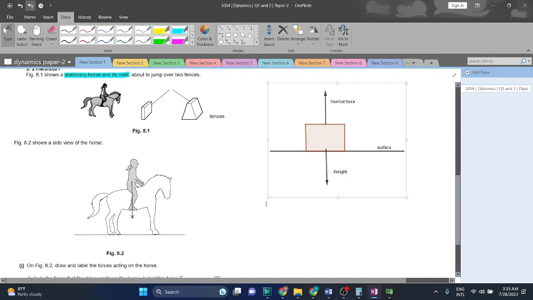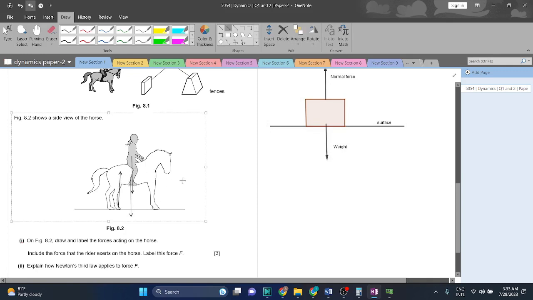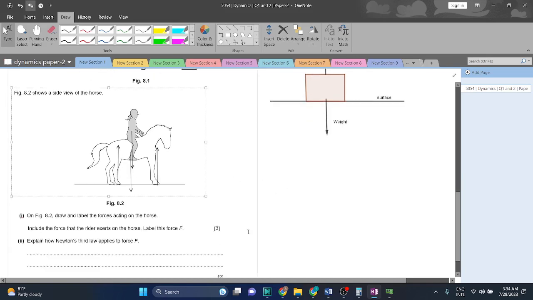And this is going to be F, and the forces on the horse will be weight and the normal reaction force, which will be opposing the weight. So these will be the three forces acting upon the horse and the rider.